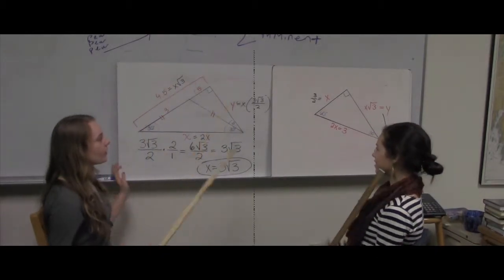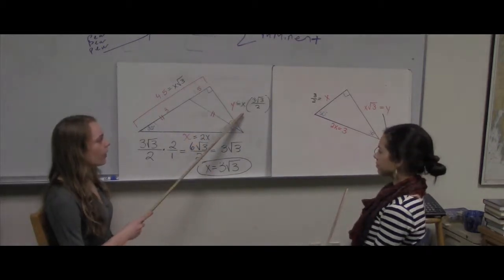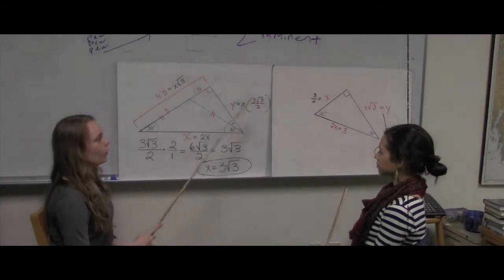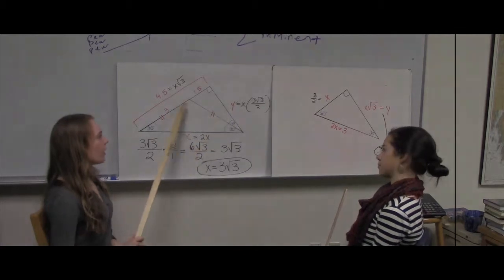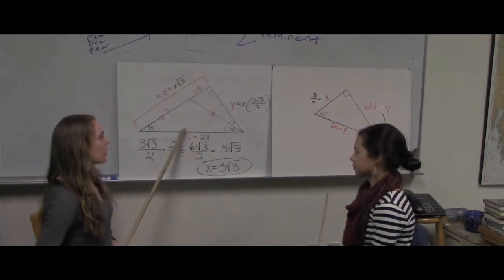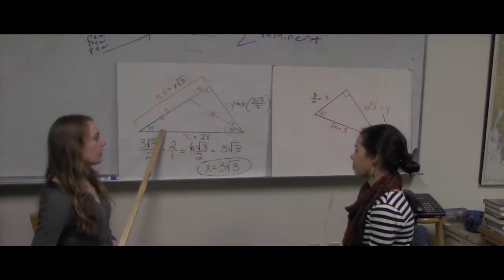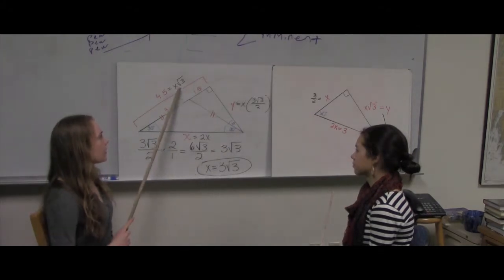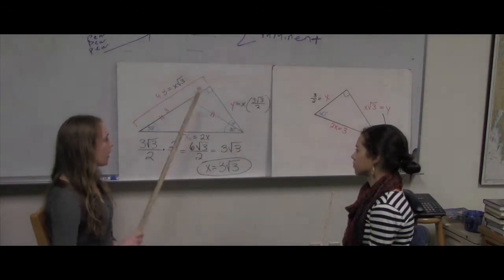Then we went back to the big diagram and plugged in everything we found. We know that y equals 3 root 3 over 2. Looking at this big triangle, we know it's a 30, 60, 90 from the beginning diagram. So the side length across from 30 is x, the one across from 60 is x root 3, and the one across from 90 is 2x.